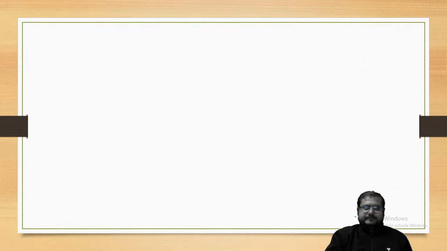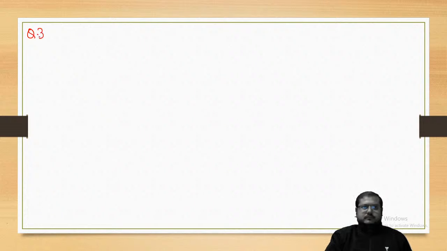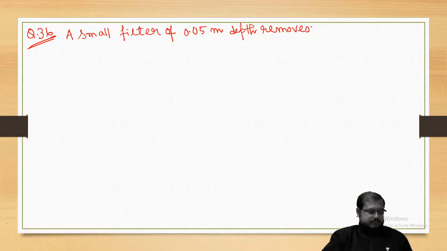Let's go for the next question. Question 36. A small filter of 0.05 meter depth removes 90% of particles present in water.